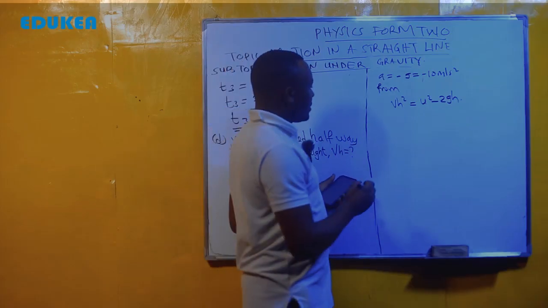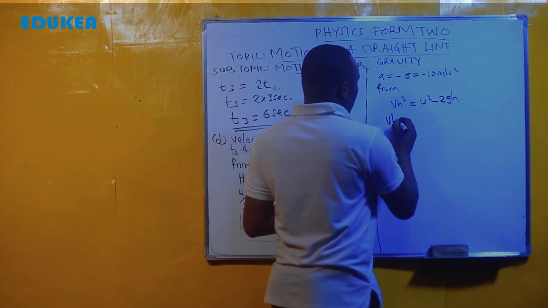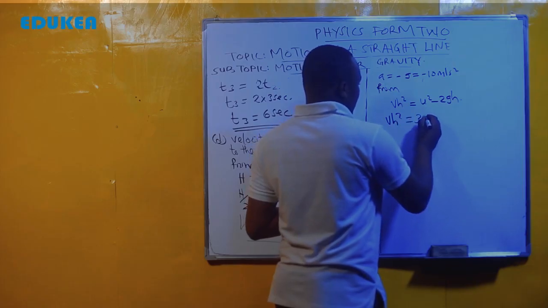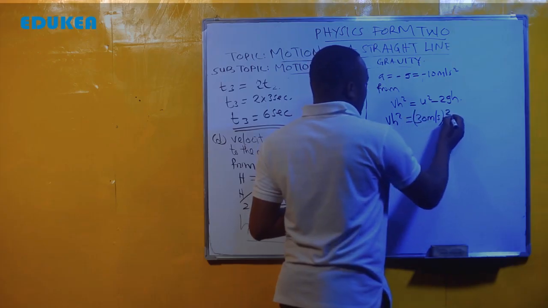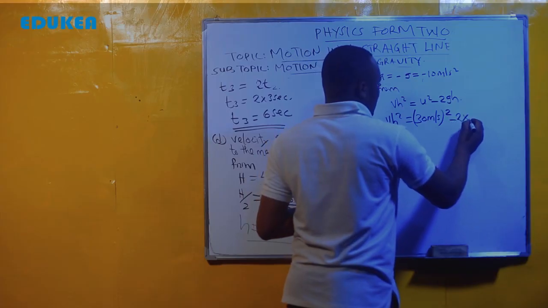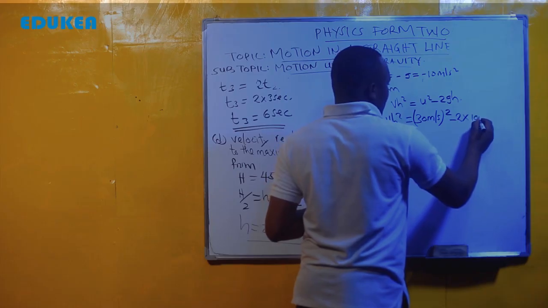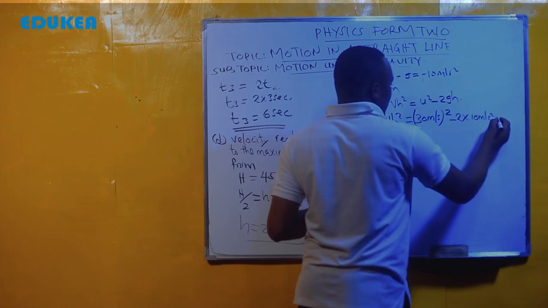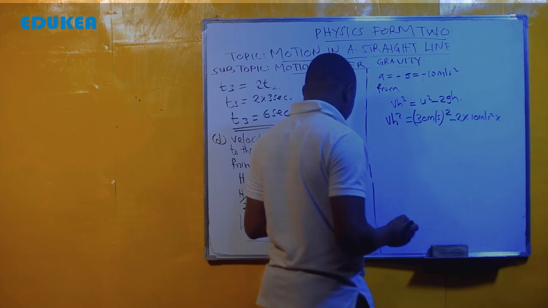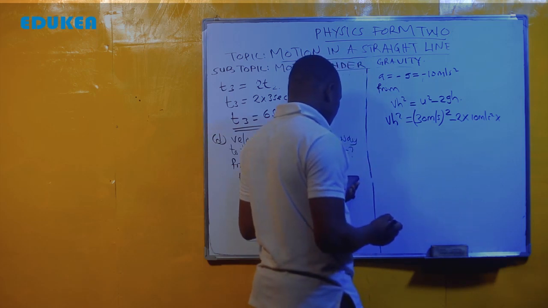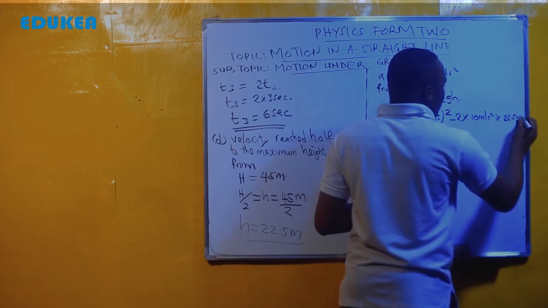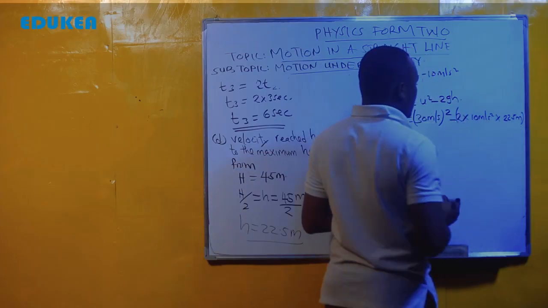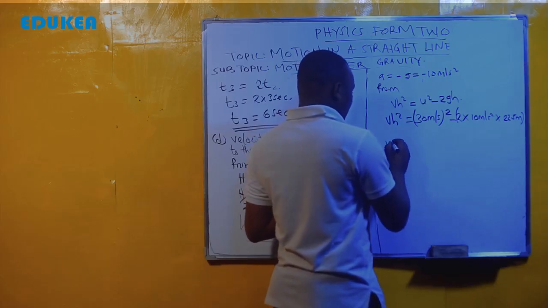VH square will be equal to 30 meter per second, bracket square, minus 2 times g, which is 10 meter per second square, times 22.5 meters. So if you multiply, you will get VH square is equal to, hapo utapata ni 900 meter.